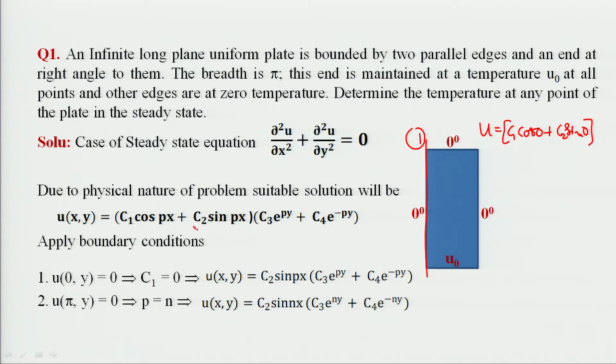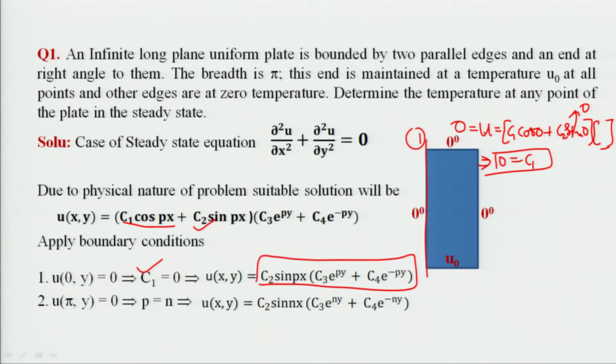Substitute the value in x, and I am not substituting any value in y, so take y as such, and this value will always be 0, temperature always 0. As we know that sin 0 is 0, this gives you 0 = C1. First condition obtained. When we substitute this in the solution, our derived solution becomes this. The C1 component, the first component of the solution, would be eliminated because C1 = 0. What about the other one?